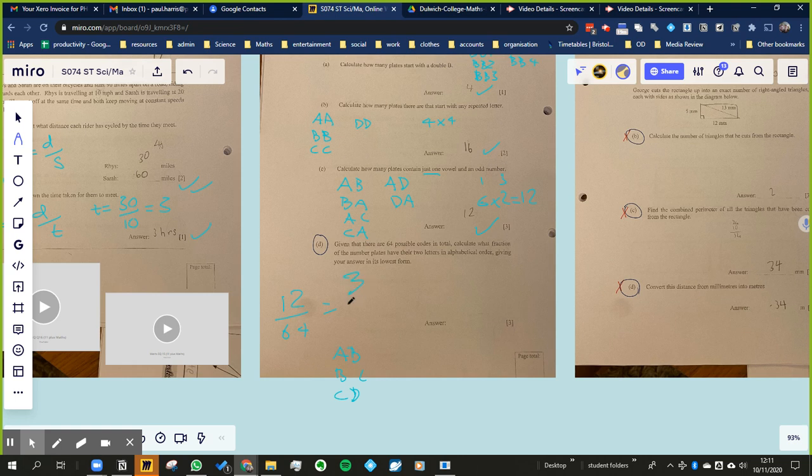So that's going to equal 3 over, and then 64 divided by 4. I'm just going to use a calculator for this one, to be honest. But 64 divided by 4 is 16. Can it be simplified any further? 16 cannot be divided by 3. So no, it can't. So 3/16 is the answer there. Okay.